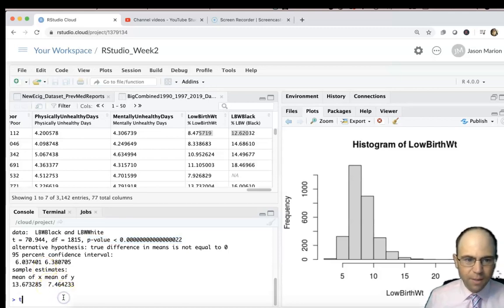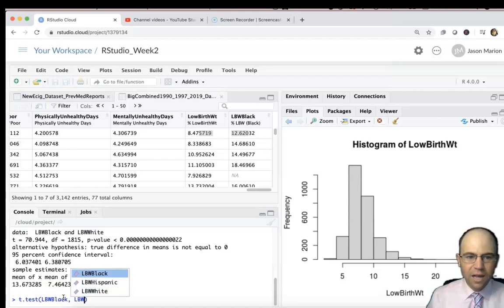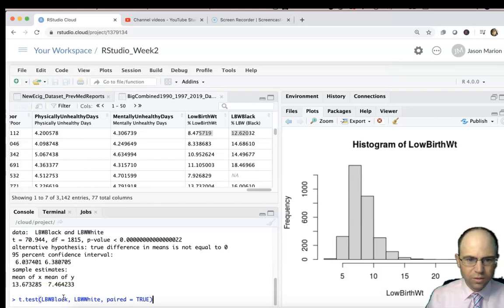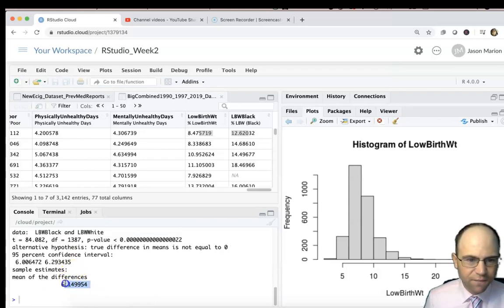So if we were to do a paired t-test, that's t.test parentheses, and then we could do our same variables, LBW black, comma, LBW white, and then we have to do, I think it's comma, and then paired, or I can type it in lowercase, paired equals TRUE. And now it's looking at these differences.